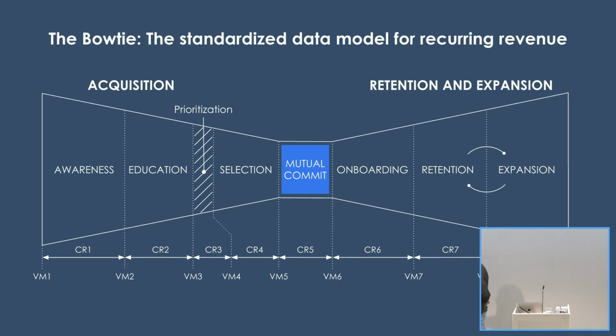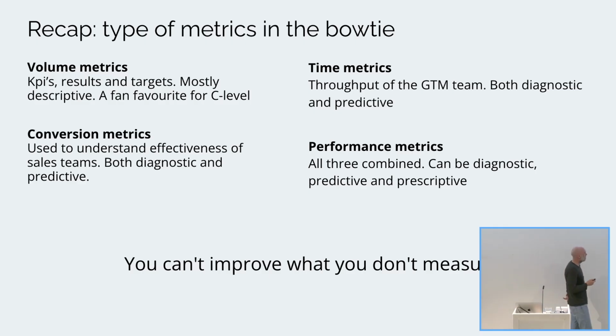So, those Bowtie metrics, everybody knows this, of course. Under here you see V, C, R, and there should be a T as well. I'm talking about the volume metrics, conversion metrics, and the time metrics. Volume metrics are simple metrics, KPIs. C-level loves those.